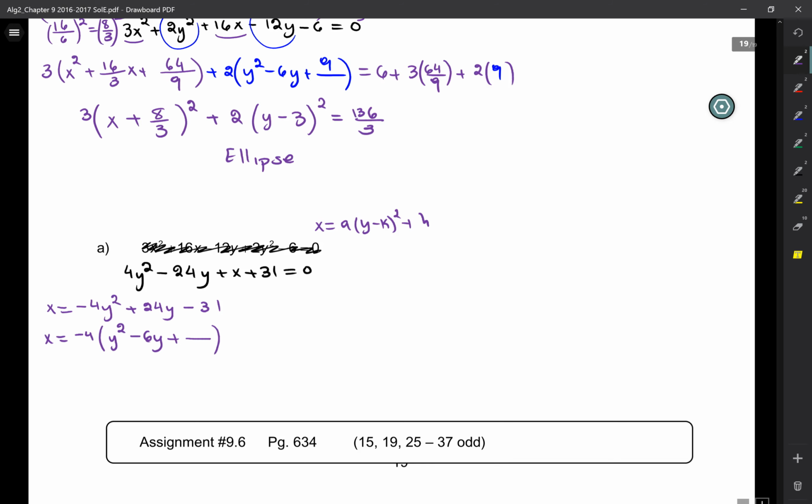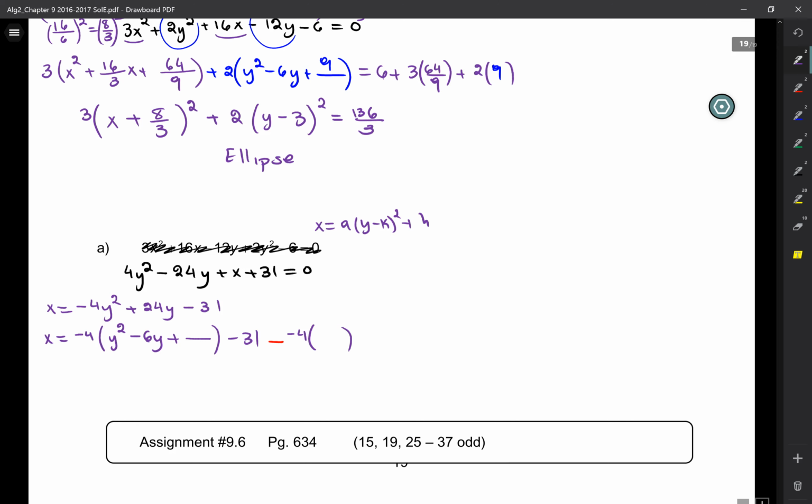You factor out the coefficient of the y squared. If it's negative, you also take out the negative. You see what I mean? Minus 31. Now, if I did plus a number here, and I'm working on the same side, it's got to be minus negative 4 times a number.